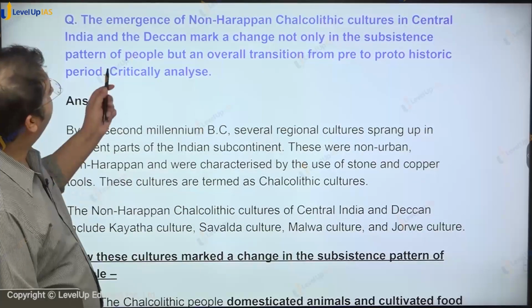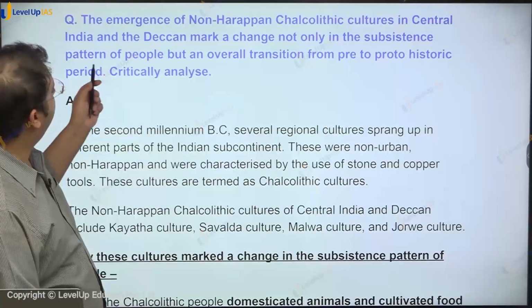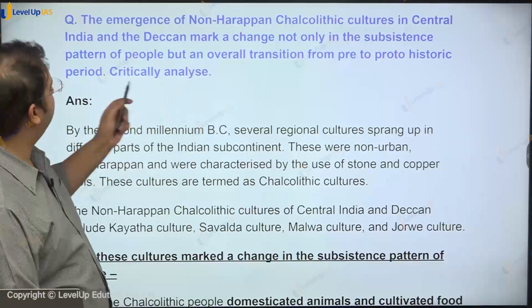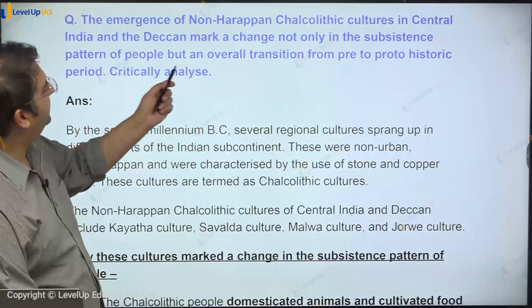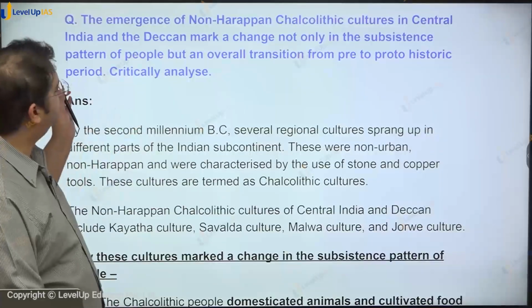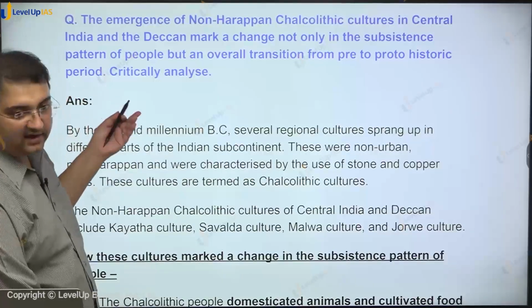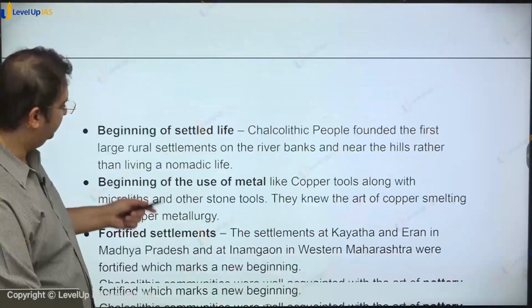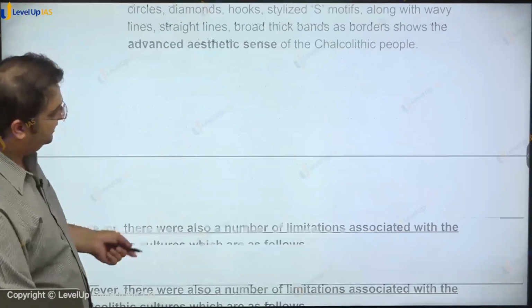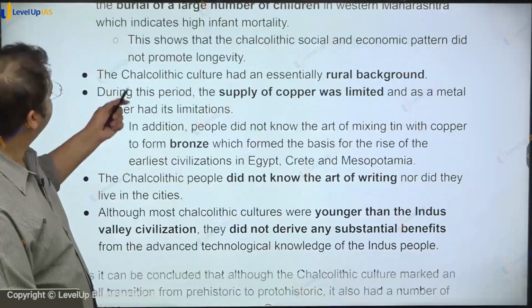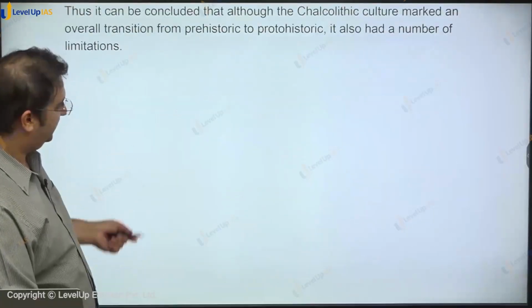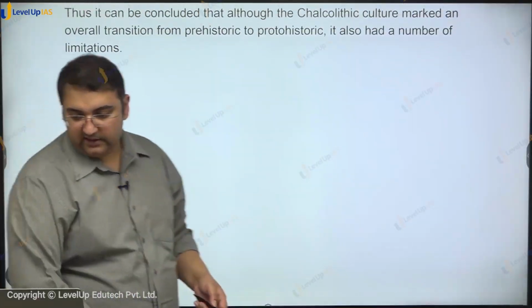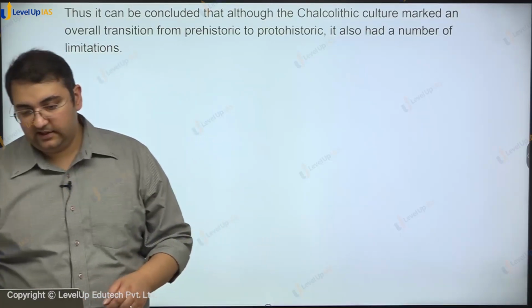The emergence of non-Harappan Chalcolithic cultures in central India and the Deccan mark a change not only in the subsistence pattern of the people but an overall transition from prehistoric to protohistoric period critically analyzed. बहुत मिलता जुलता सवाल है जो अभी हमने डिस्कस किया है. Both these questions I think we have already discussed. Right? So that is it. Chalcolithic age हमने कवर कर लिया है.